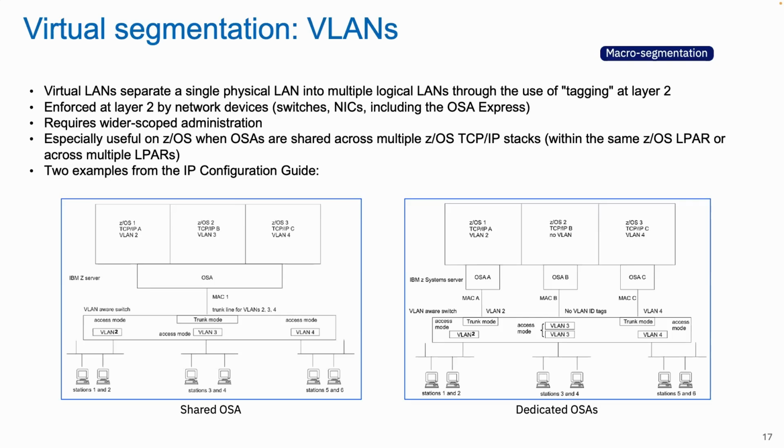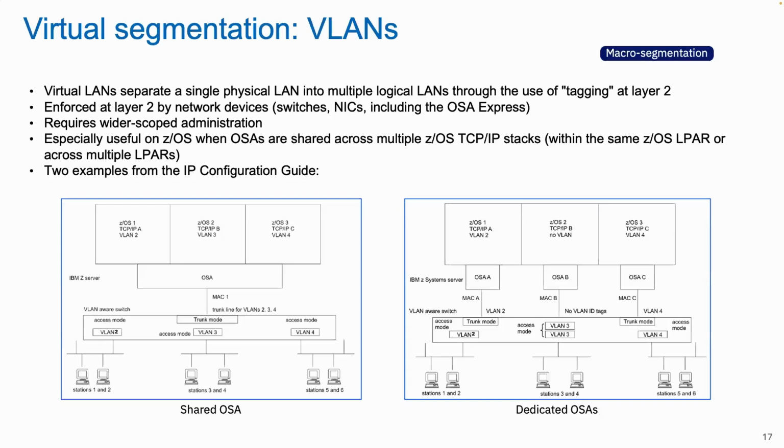You don't have additional switches. You can plug all these into the one switch. Now you'll also see there's something called trunk mode and access mode. Essentially, trunk mode says that it will accept any VLAN over that port.